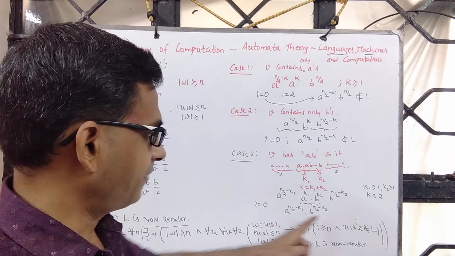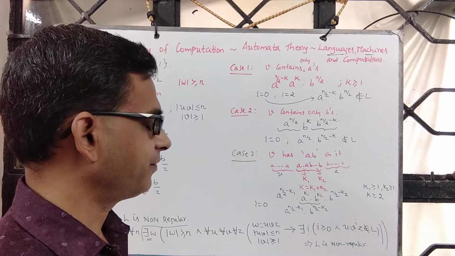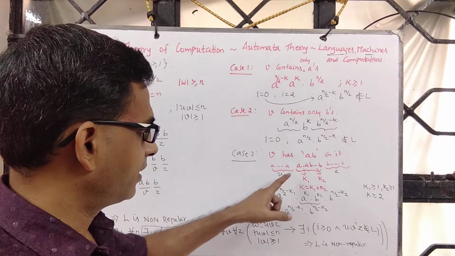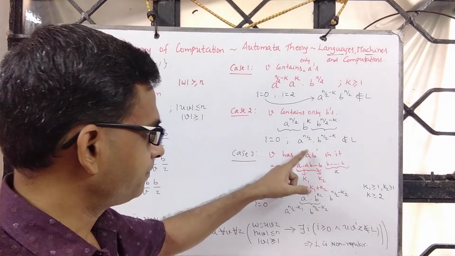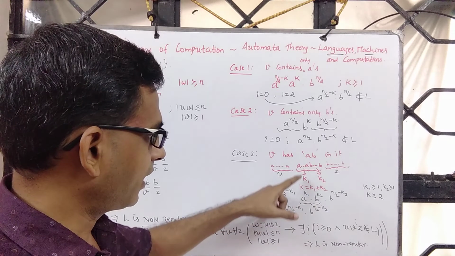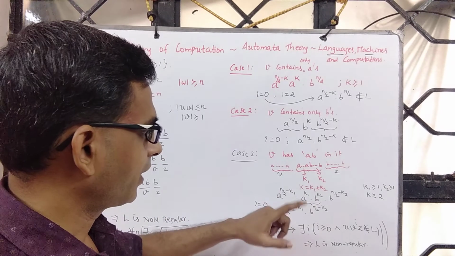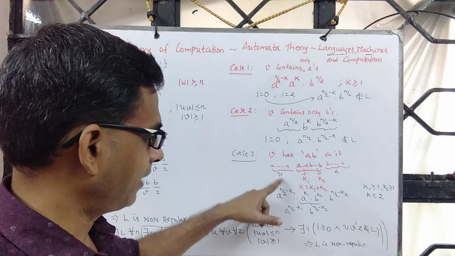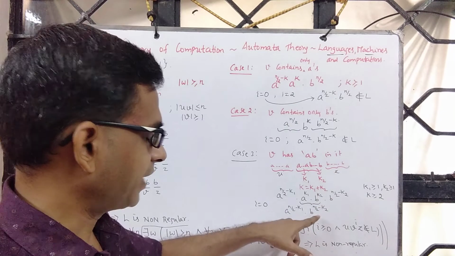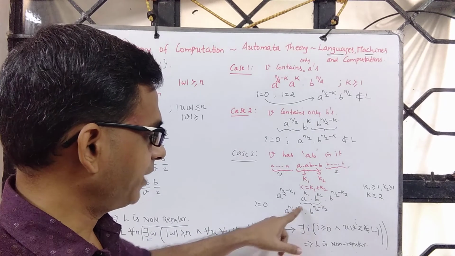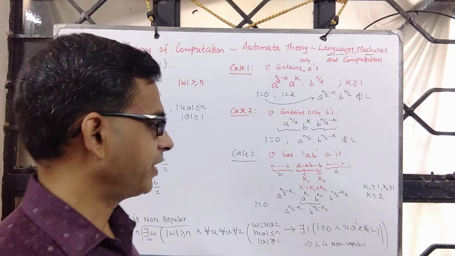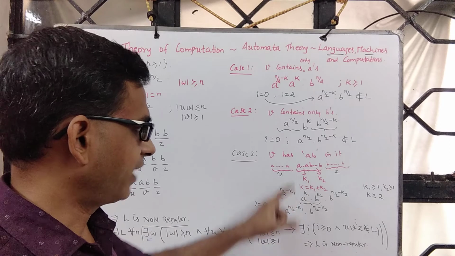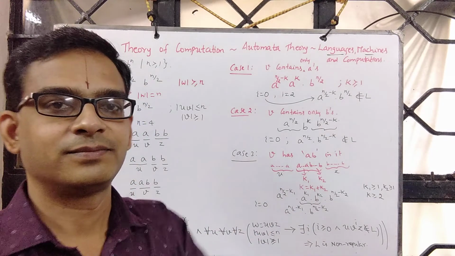Now can we say for sure that this is not part of the language? Imagine the case where v is exactly ab and you choose i to be 0. Then this will have 1 less, even this will have 1 less, which means a to the power n by 2 minus 1 and b to the power n by 2 minus 1, and it is part of L. So one has to look at this case carefully.